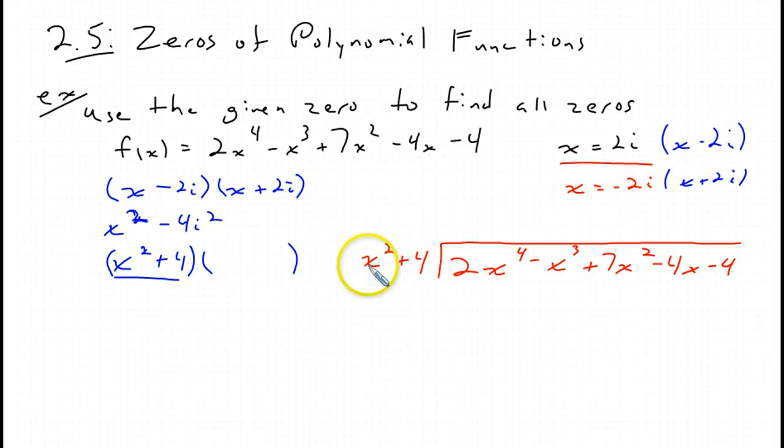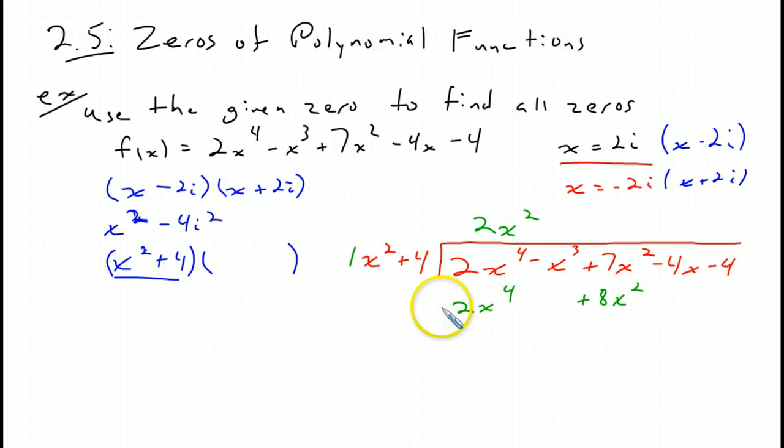In order to get this x squared up to an x to the 4th, I need to multiply it by 2x squared to make the 1 into a 2. Multiply your 2x squared into both of these. Don't forget to distribute to the x squared and to the 4. So you'll have 2x to the 4th, 2x squared times 4 is plus 8x squared.